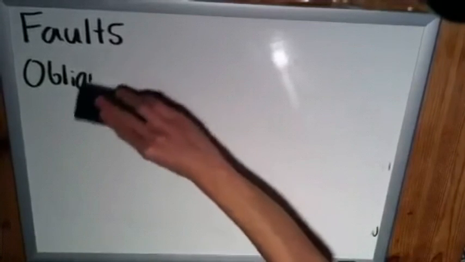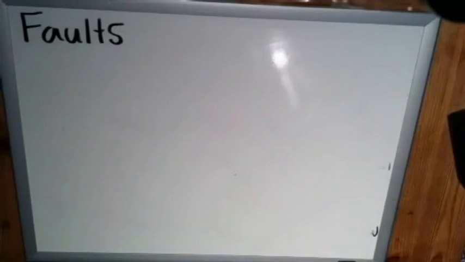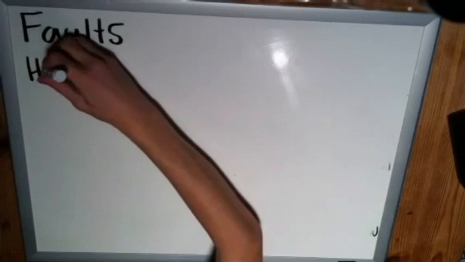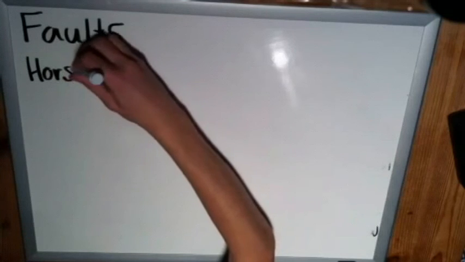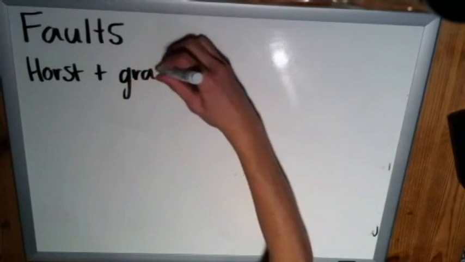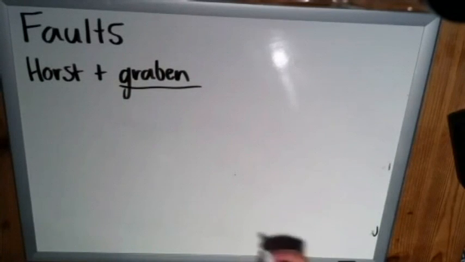And there's one final little piece of information I want to cover. And it's just two terms, real quick. Just two more. Horst and graben. And I've heard this word pronounced several different ways. It's got Germanic roots, I think. I don't really care.